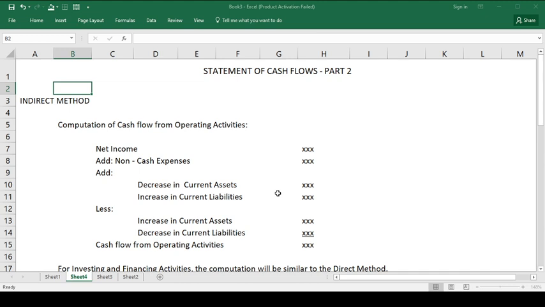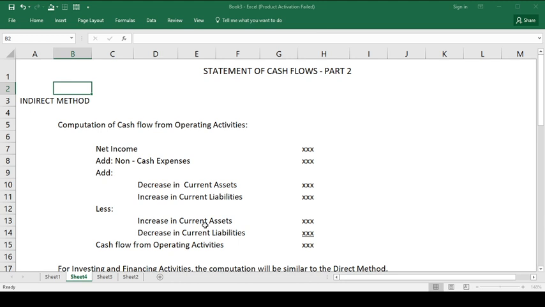For the decrease in current assets, we need to add it back to the net income, and the increase in current liabilities, we need to add it back as well. For the increase in current assets, we need to deduct it from the net income, and the decrease in current liabilities, we need to deduct it as well.